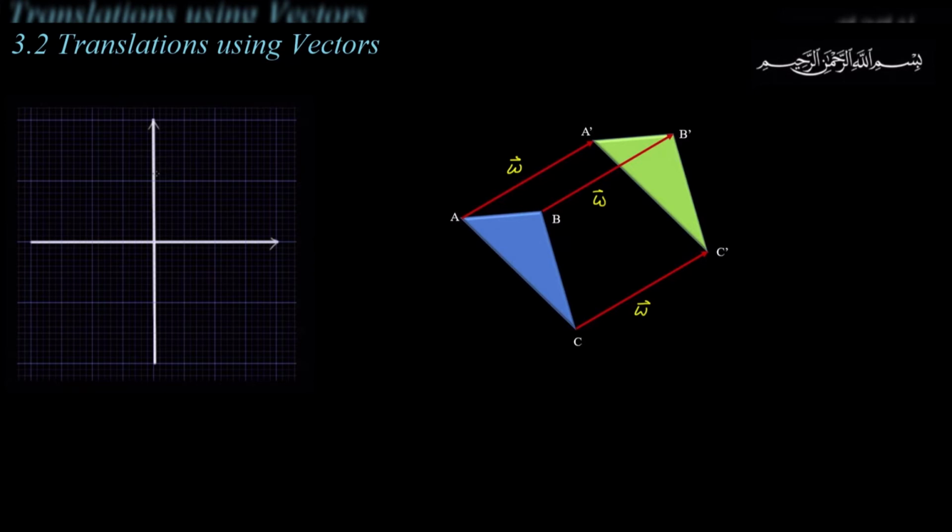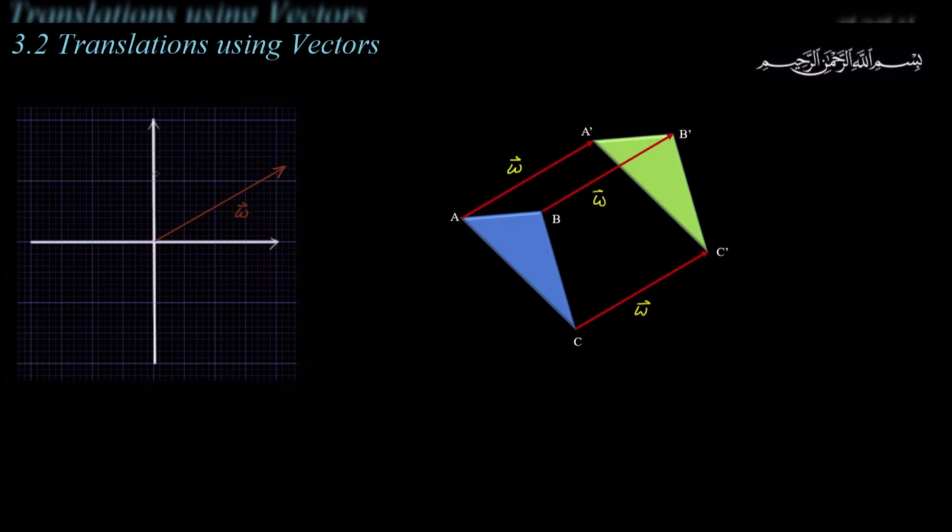So if I were to draw out this vector in the Cartesian plane, approximately it looks like this. Here's the vector I've drawn, and I'm going to call it my vector w.